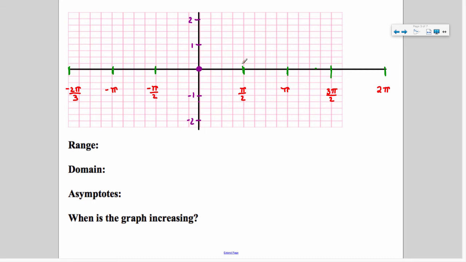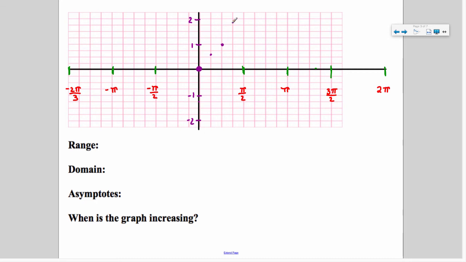At the first special angle, pi over 6, we had radical 3 over 3, which was about 0.577. So we come up here, halfway, and a little bit up. At our second key value, pi over 4, it was equal to 1. At our third key value, pi over 3, it was radical 3, which was about 1.7. So we're getting very close to here.